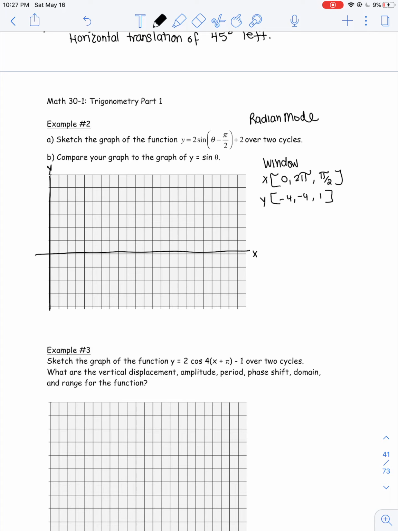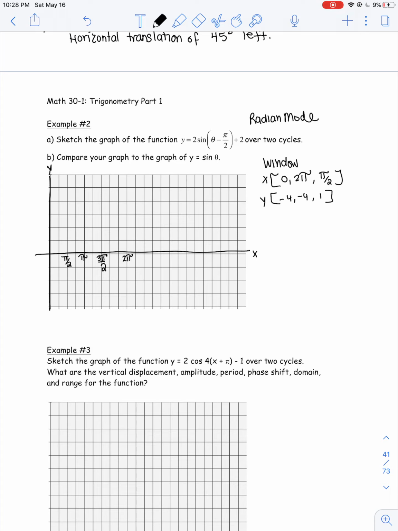Okay, so we want to write our increments. So I'm going to have to go pi over 2. So that's the first one. Then our next value would be 2 pi over 2, which is pi. And then it would be 3 pi over 2. Then it would be 4 pi over 2, which is 2 pi. And then this could continue on if I wanted to. So I can continue, but my window only shows one wave. So I'll draw this, and if I want to, I could draw another wave to continue this.